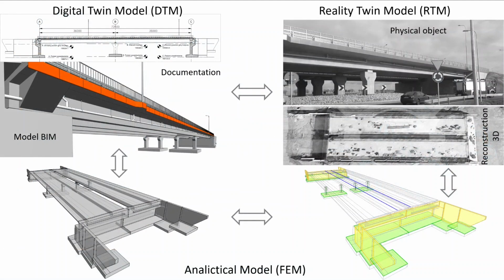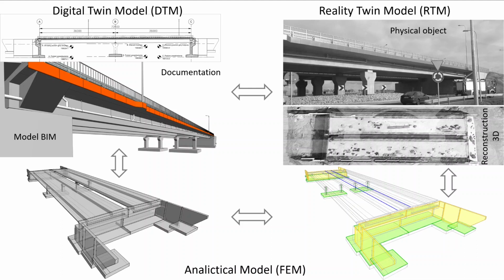Different models of the digital twin can arise and become related to each other. So we can have a digital BIM model called digital twin model, and another in the form of a model created using reverse engineering tools. In this case, it was a reconstruction using photogrammetry and laser scanning methods.